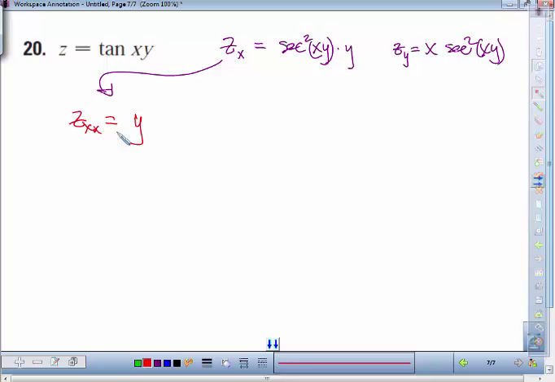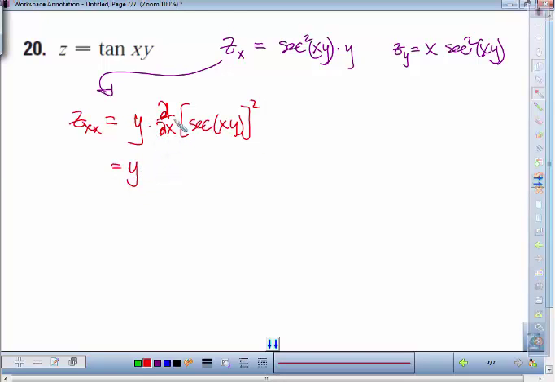So let me just put that constant there and not worry about it and take the derivative of secant squared xy with respect to x. Boy, maybe I should write that down. Partial d dx of secant squared xy. And I'm going to write it like this because I'm going to need to do more chain rule.